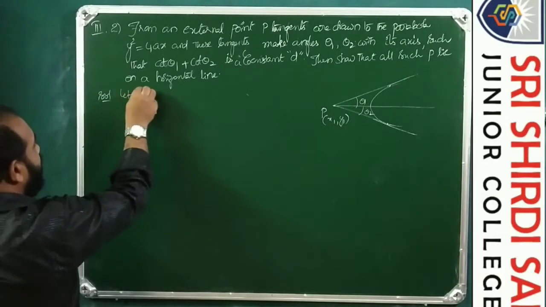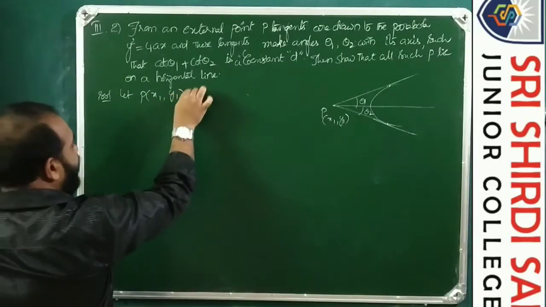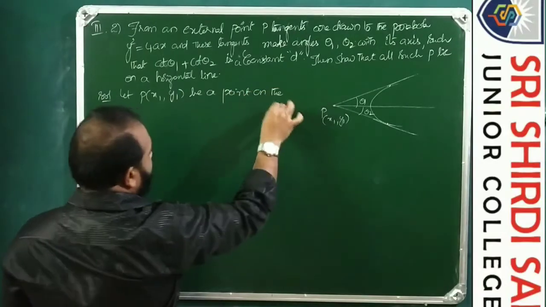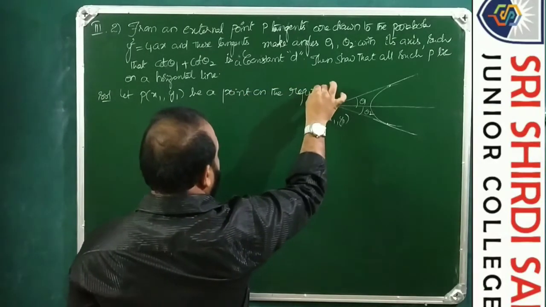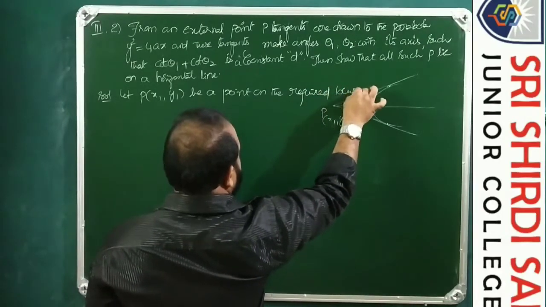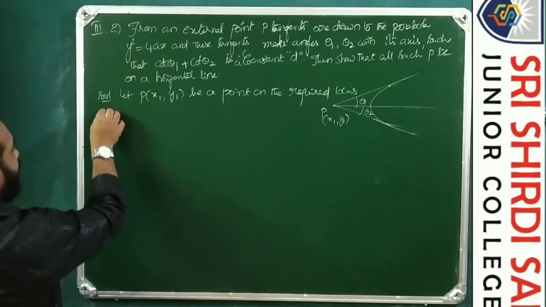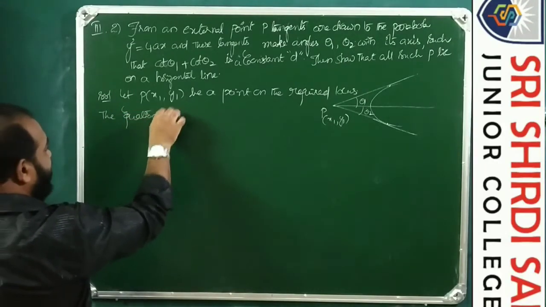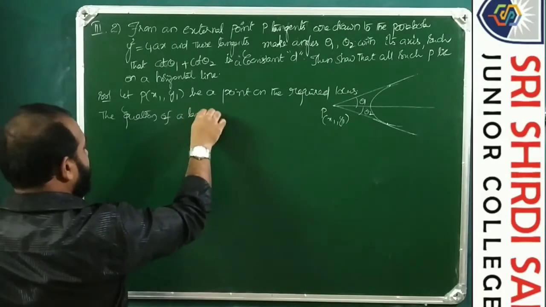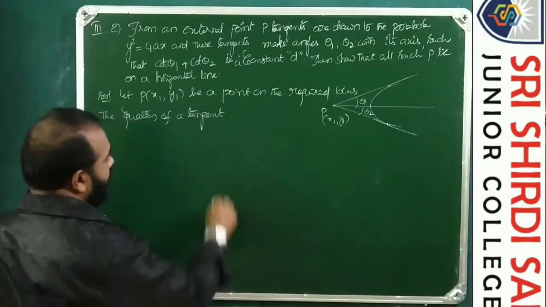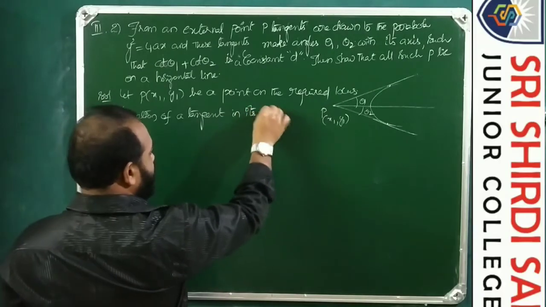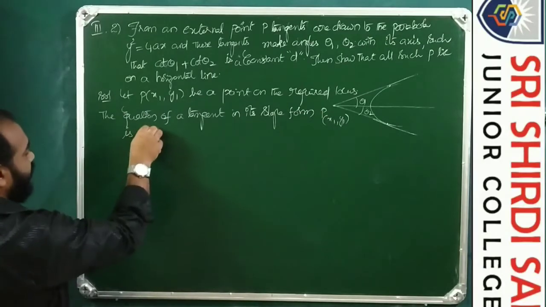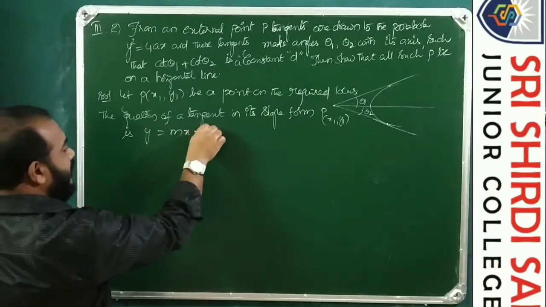Solution: let P x1 comma y1 be a point on the required locus. So the equation of a tangent in its slope form is y equals to mx plus a by m.